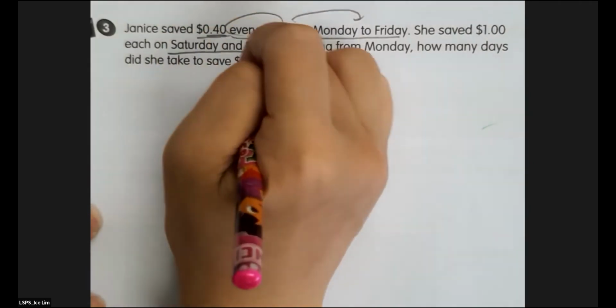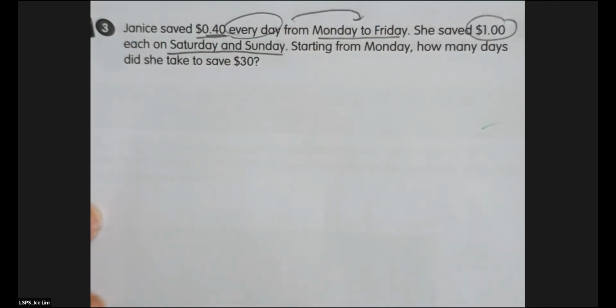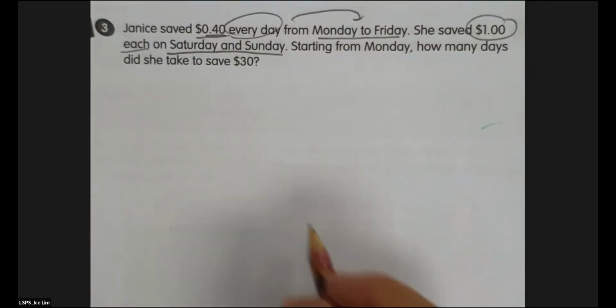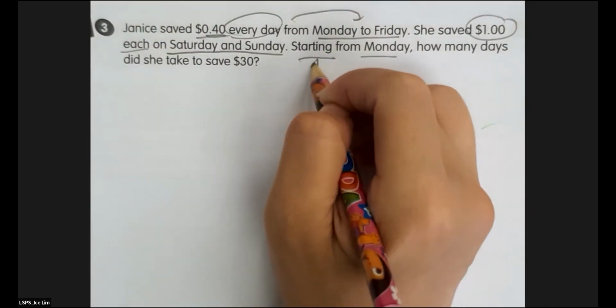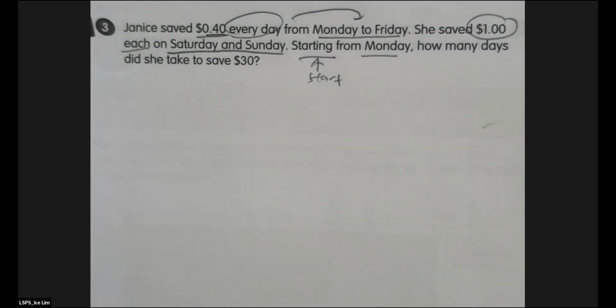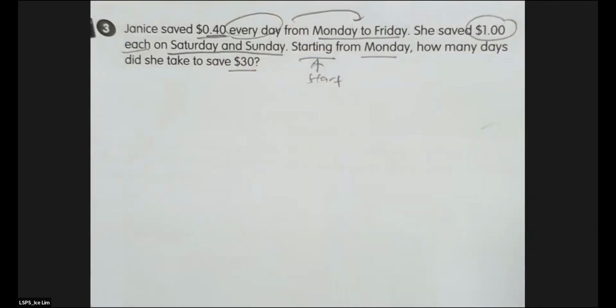For Saturday and Sunday, she saved $1 each. If I start on Monday, start is very important, because if you start on Sunday, it will be a different amount already. How many days did she take to save $30?